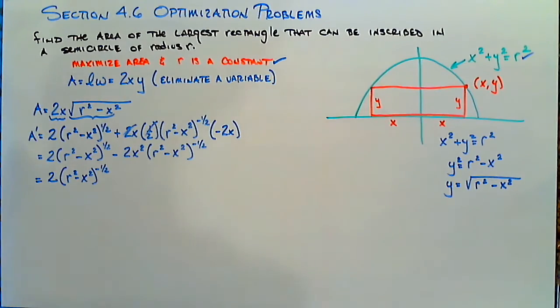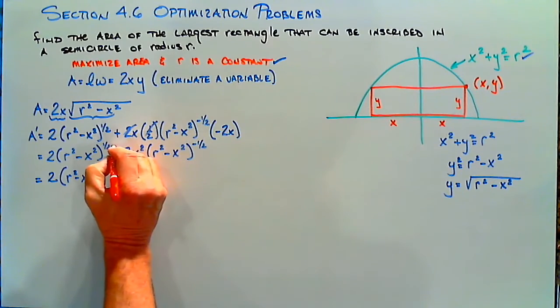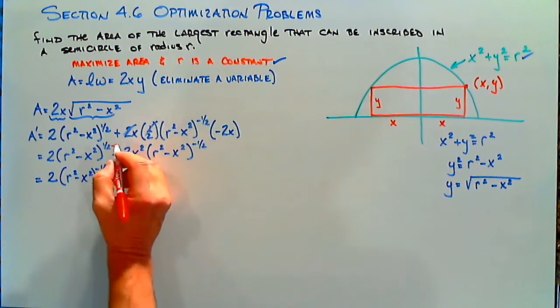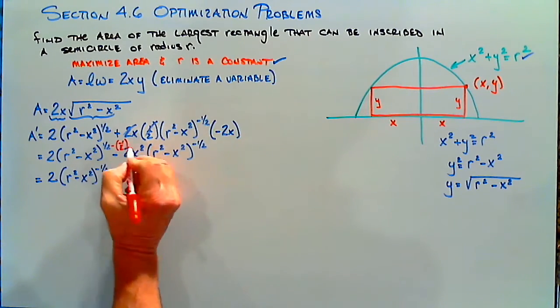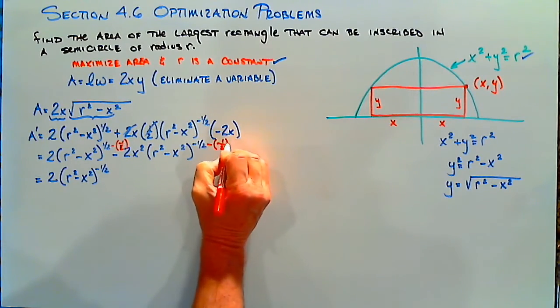Now remember, when you factor something out, you're subtracting that power. You're subtracting minus 1/2.